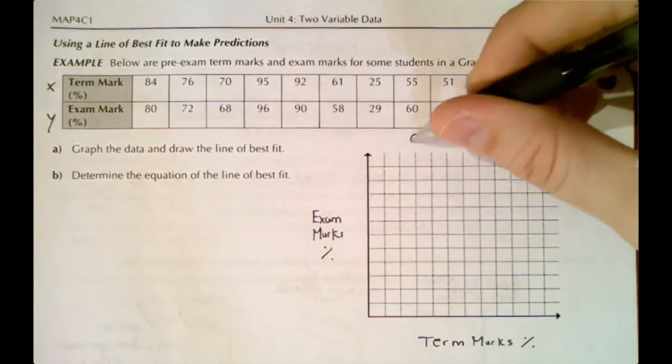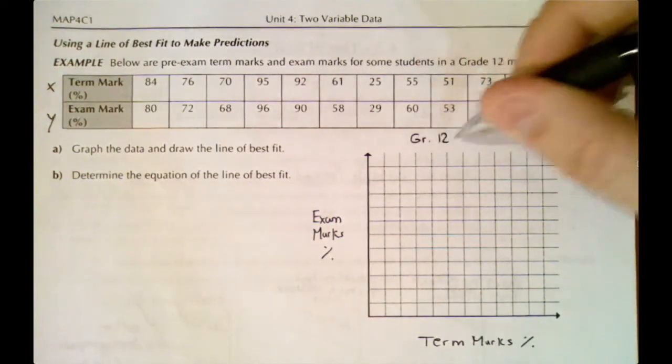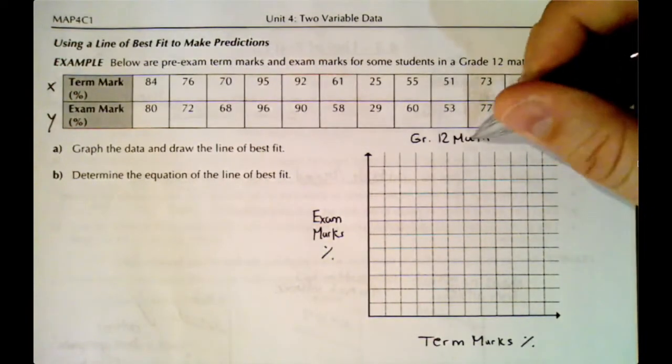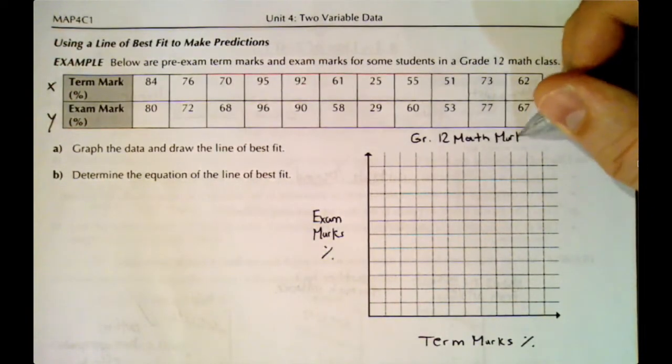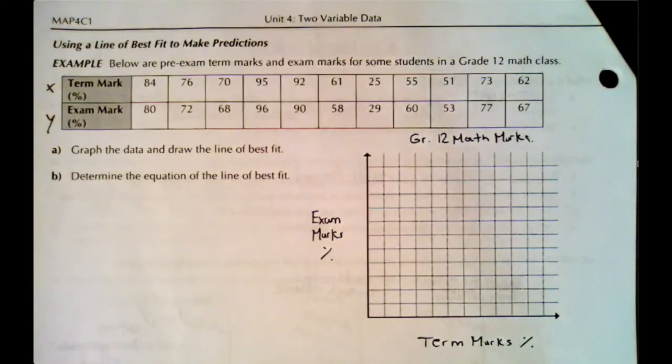And these are grade 12 math marks. We're going to graph the data, draw the line of best fit, and then come up with the equation of the line. All right, let's graph our data first.